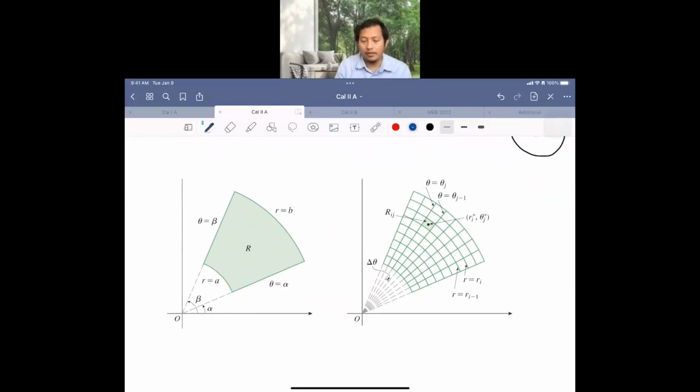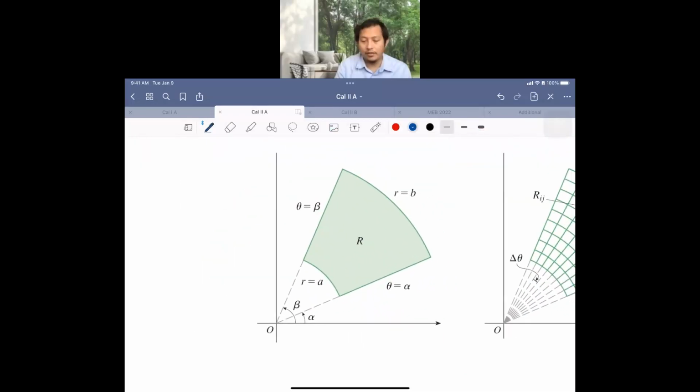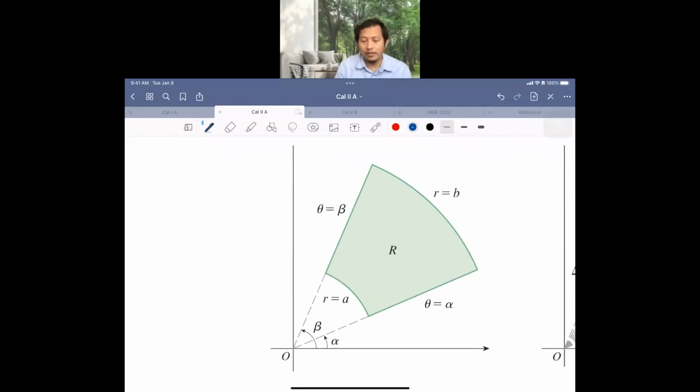Now let's say we have this. This is our illustration of what kind of r we could have in a polar. So we have this polar: this is theta alpha, theta beta, radius a, radius b, and the middle part will be our r.